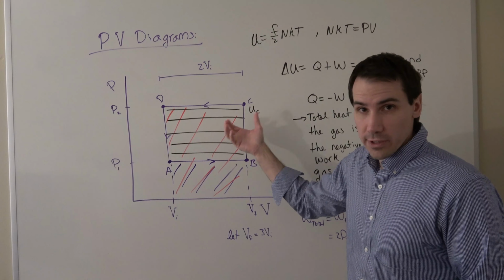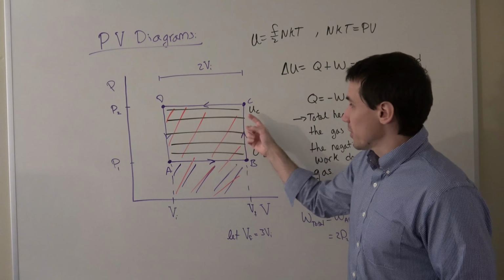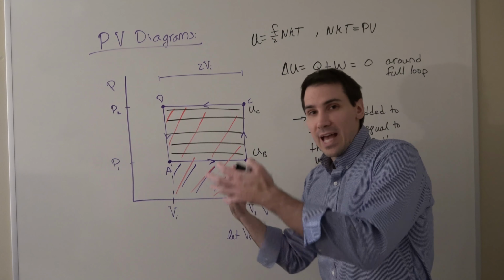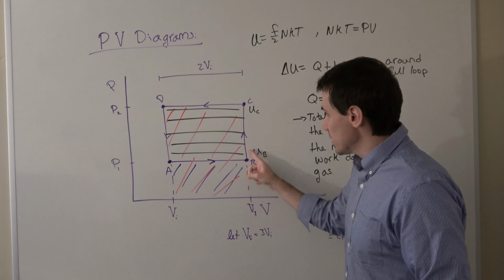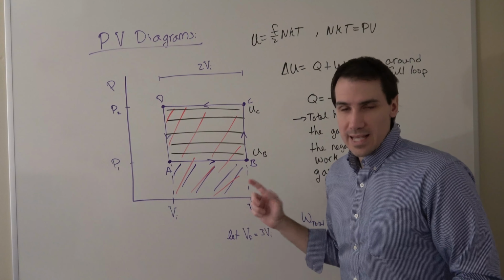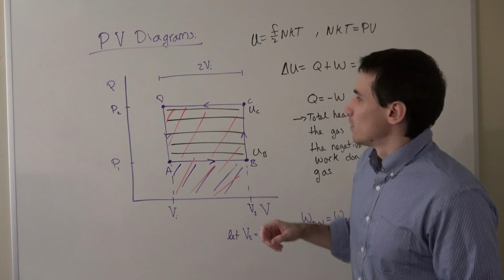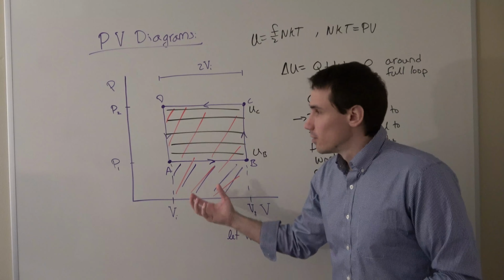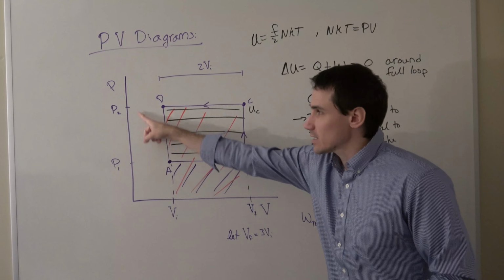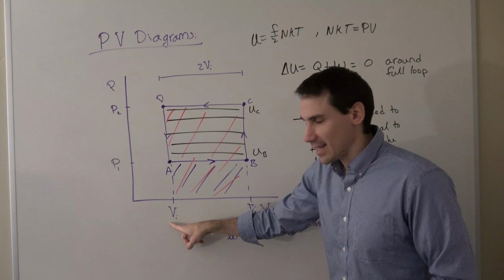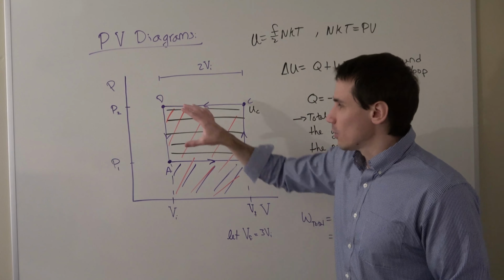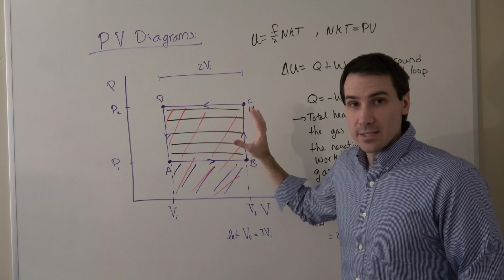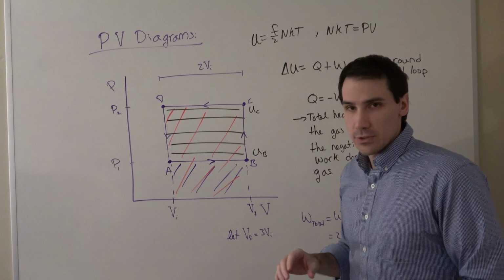Because there's no work done, but I raised the pressure and increased the energy because I increased PV, I must have added heat into the gas. So this line is adding heat into the gas. Likewise, from D to A, I did no work, but I dropped the energy of the gas because I dropped the pressure while not changing the volume. So I lost heat from D to A, and I gained heat in the gas from B to C.